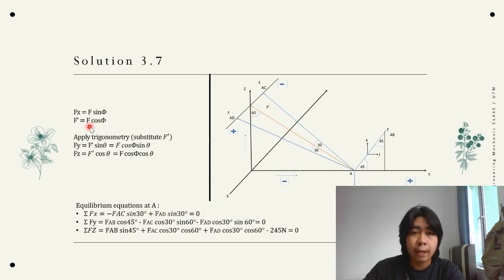Now, applying trigonometry, since F prime is FAC cos 30 degrees, we substitute it here in this equation. So F cos 30 degrees sine theta. Now the angle here, we use this triangle. So 60 degrees, opposite over hypotenuse, this red line, which is the hypotenuse.